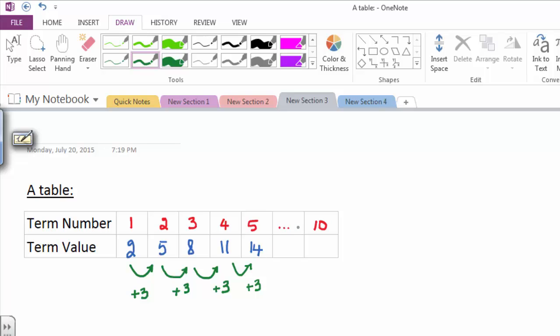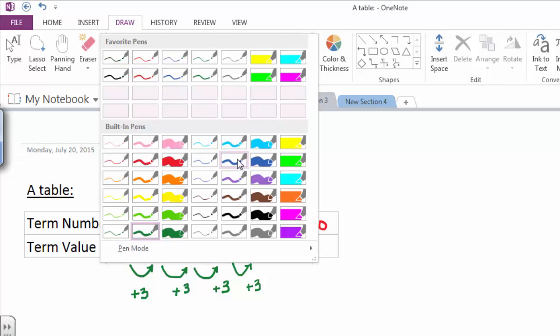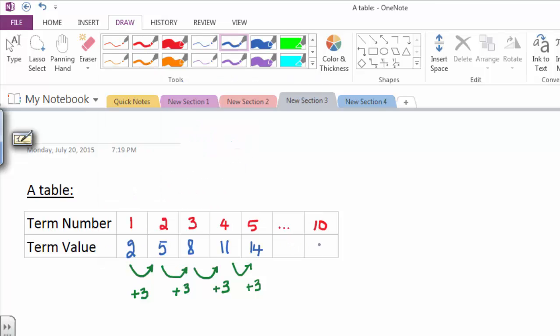For 7, it's going to be 20. For 8, it's going to be 23. For 9, it's going to be 26. And for 10, it's going to be 29. So in this case, the 10th term is 29.